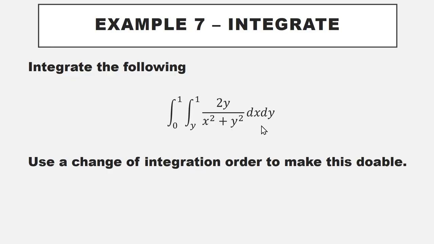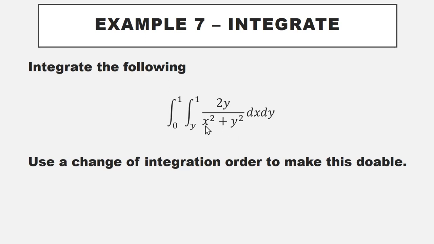But if we change around and integrate with respect to y first, then this is actually doable. So just take a moment to think to yourself, we have a constant over x squared plus another constant if we're integrating with respect to x. The antiderivative of that is going to be something akin to arcsine or arctangent. I forget what it is, but it's rough. It's not a nice one to deal with.